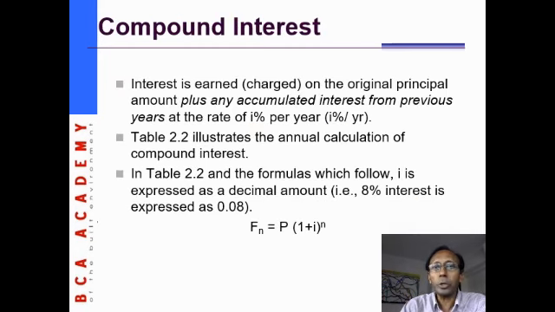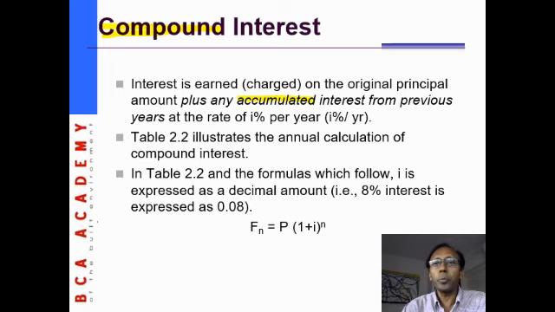Now let us look into compound interest. Compound means every year it is accumulated. That means you put $100 today, 1 year later you get $100 plus its interest. Then your principal becomes the bigger number.